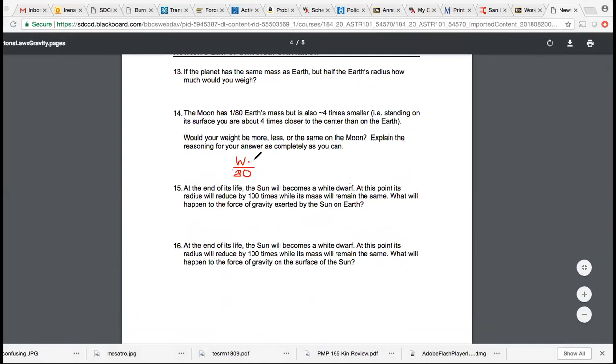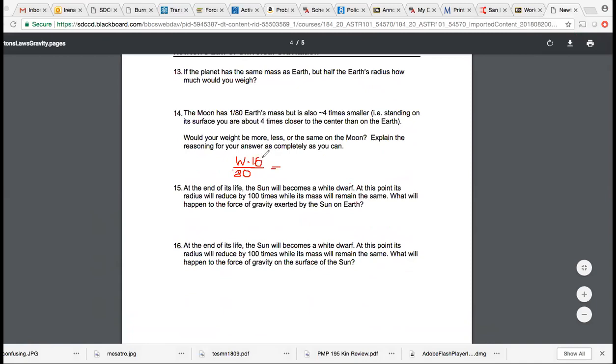But the moon is also 4 times smaller in radius, so you will have 16 times more weight because of that. Now when you analyze these fractions, you can simplify 16 and 80. What do you get? Roughly 2 over 5, correct? Is that not right? 2 over 10, okay?